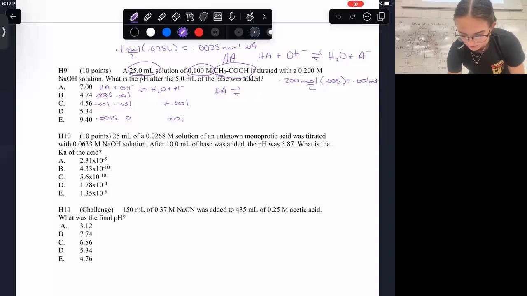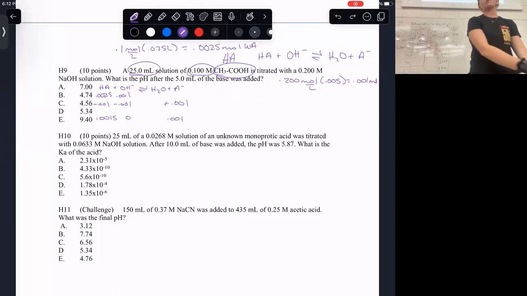Wait, hold on. No, we don't. We don't need to do any of that. We have a weak acid with a strong base. So what equation can we use? We can use the Henderson-Hasselbalch equation.